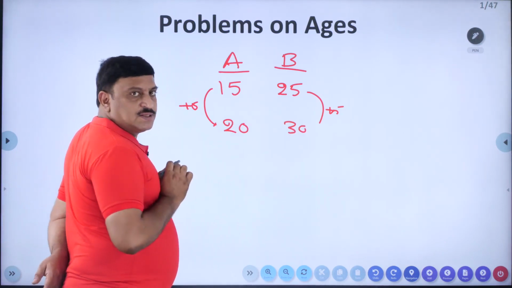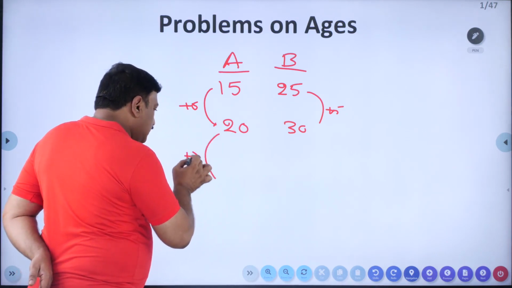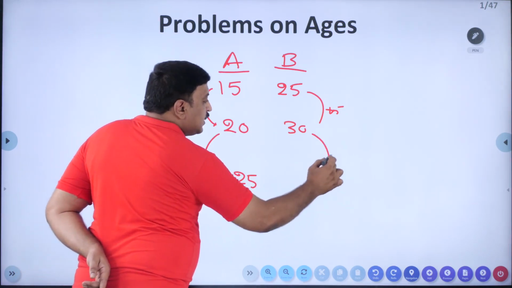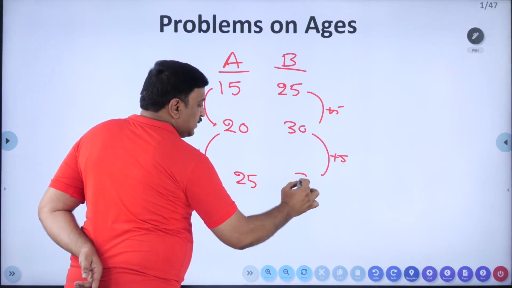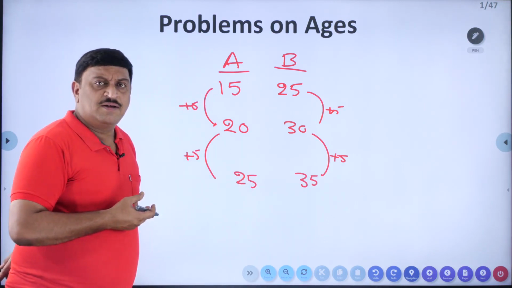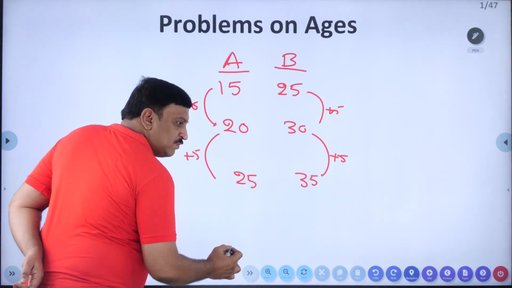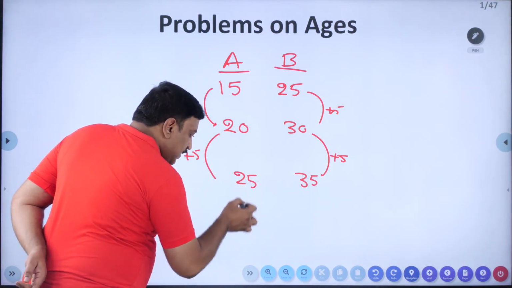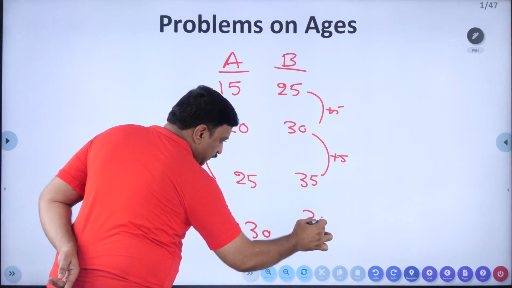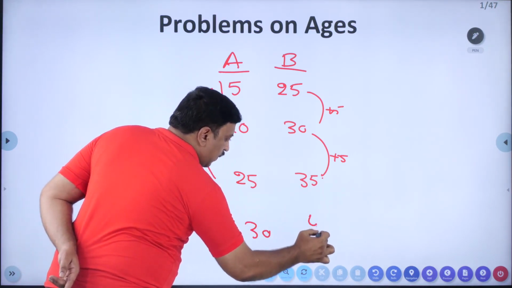Again after 5 years, add 5 years to this person. A becomes 25, and B becomes 35. Wait a minute. Add another 5. A becomes 30, and B becomes 40.